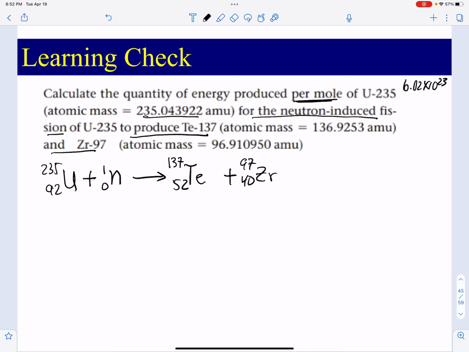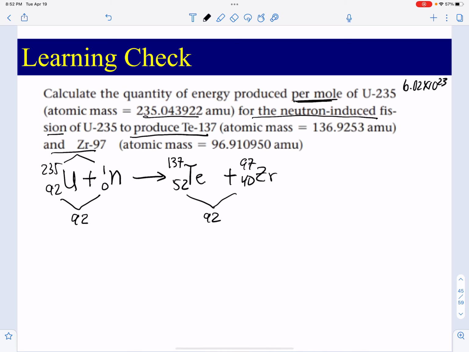We're going to make sure that this is a balanced equation first, right? So the atomic numbers, a total of 92 and 92. So nothing there.